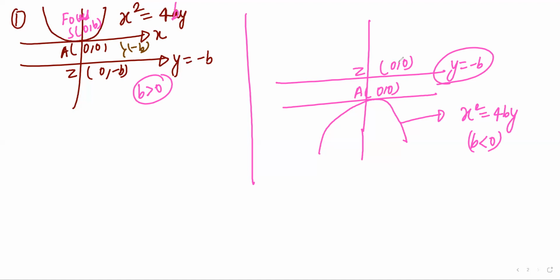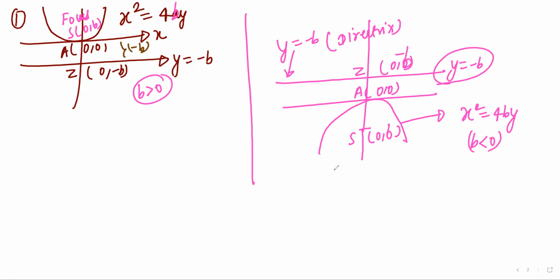This is the Z, so it will be the coordinate 0 comma minus b. So this line will be what? y equal to minus b, the directrix. Here the focus S is there, whose coordinate is 0 comma b, right.